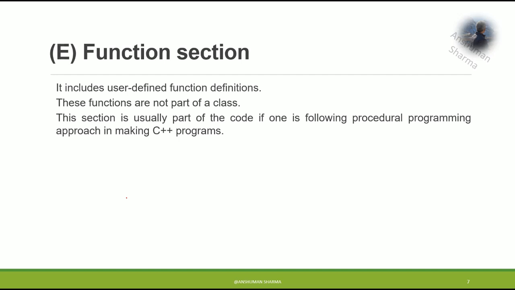As you know, it is to some extent a procedural language also, so it can include user-defined functions. These functions are not part of a class. So this section is usually used if you are following procedural programming. You might have worked with C, and in that language you might have created a lot of functions. I will be discussing a program in this context also, on how to include a function.